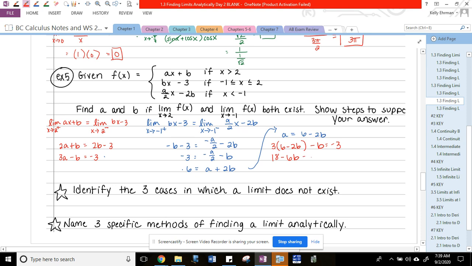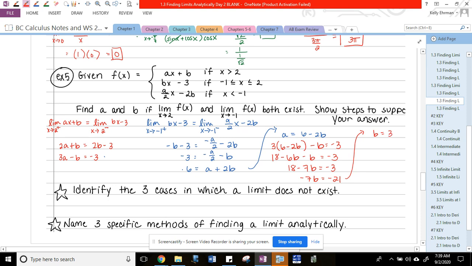I'm going to solve for b. So I'm getting that b equals positive 3.